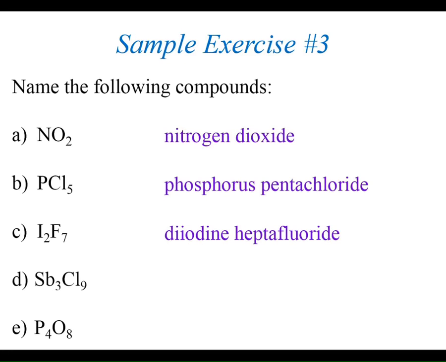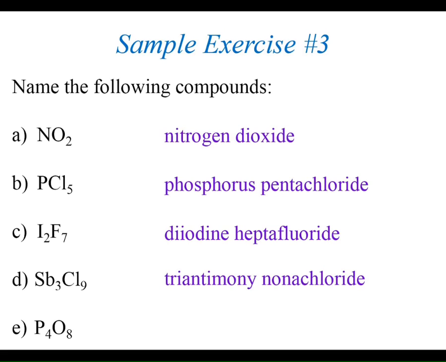How about Sb3Cl9? Triantimony nonachloride. Yes. Nonachloride, according to my Greek friends. Now I'll point out though, Sb, if you find it on your periodic table, it's a metalloid. It's not really a nonmetal. It's not a metal. It's a metalloid.